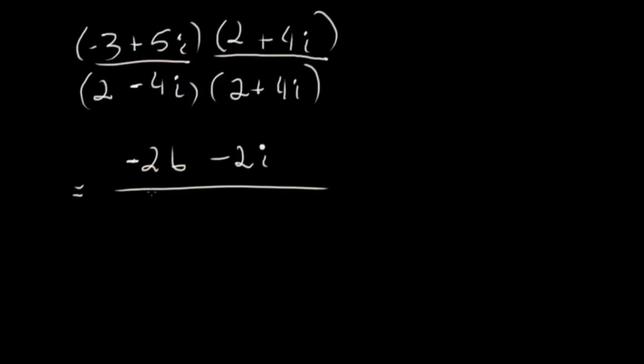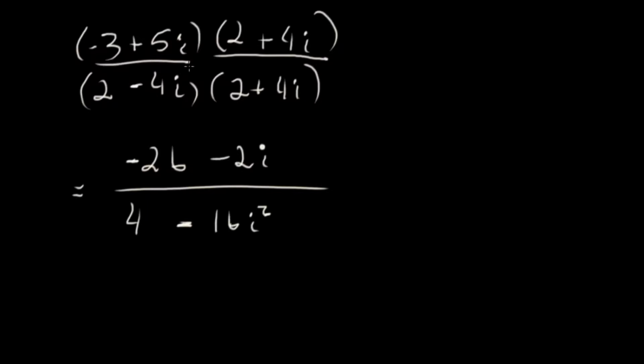And then our denominator is going to be 4. 2 times 2 is 4. Negative 4i times positive 4i, that's going to be a negative 16i squared. Let me not jump so fast. I squared is just negative 1, so that's positive 16.